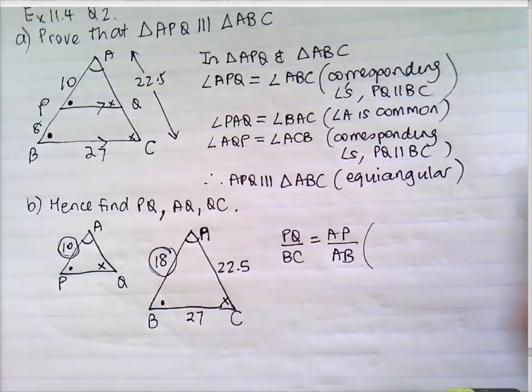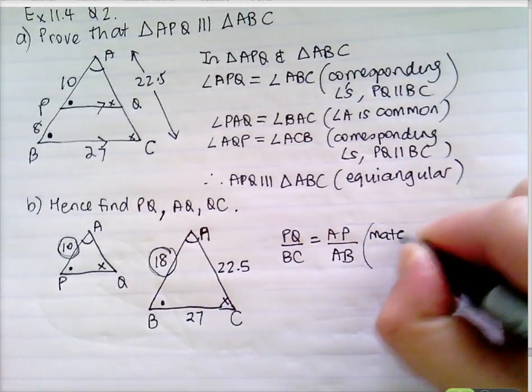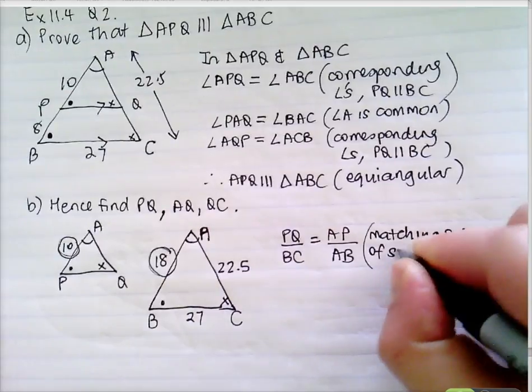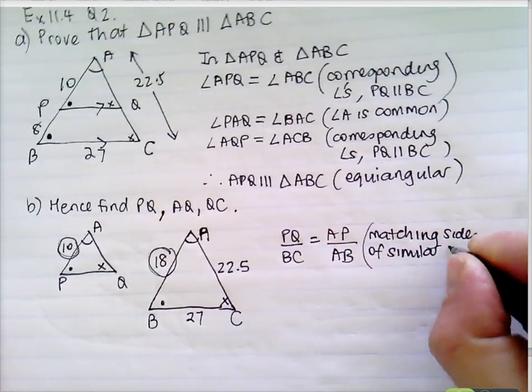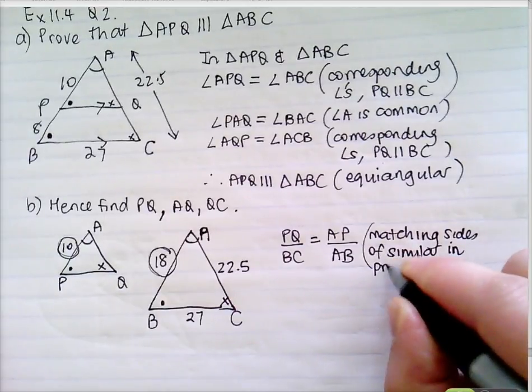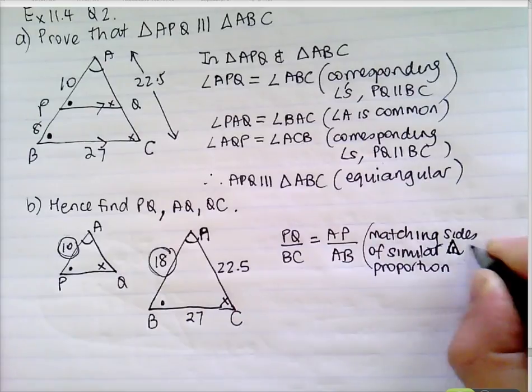Matching sides or corresponding sides. If you don't want to use the word corresponding because we use it in parallel lines, you might choose to use the word matching. So matching sides of similar triangles are in the same ratio, or in proportion. Could we just write matching sides of similar? Not enough.